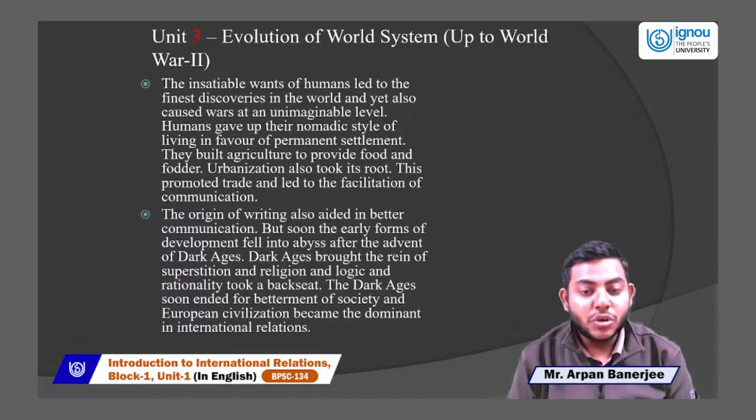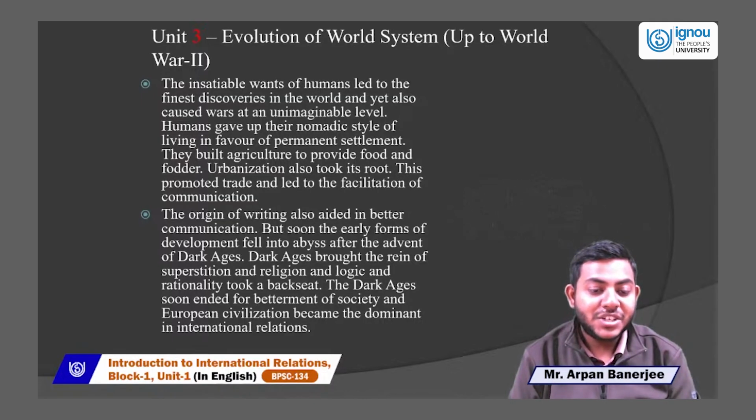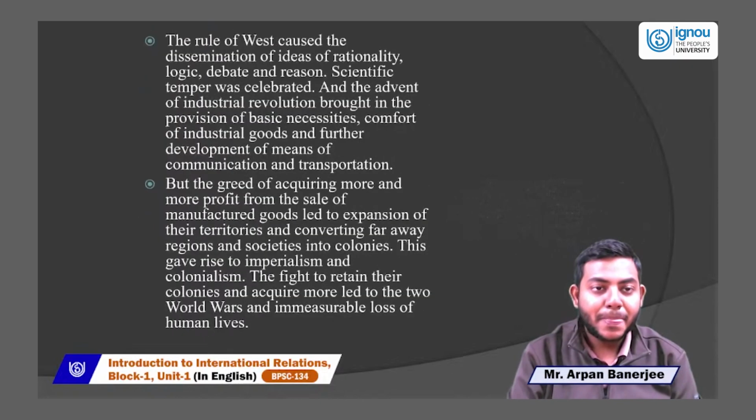But soon the early forms of development fell into abyss after the advent of Dark Ages. Dark Ages brought the reign of superstition and religion, and logic and rationality took a back seat. The Dark Ages soon ended for betterment of society, and European civilization became the dominant civilization in international relations.